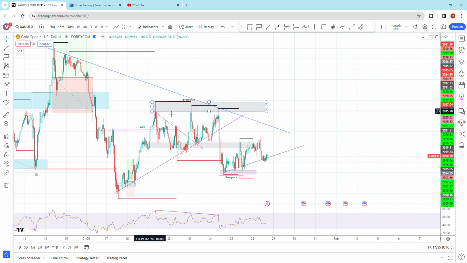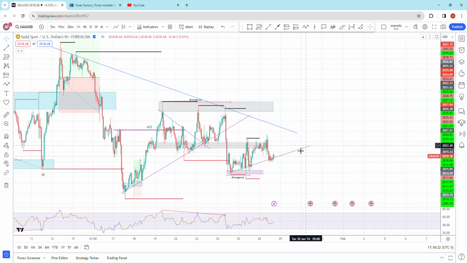We wouldn't be able to take it any higher usually, because this has been respected heavily, so there's a chance that this can be respected as well. So this is the only target you would have taken this to. But then you want the big drop and break of this trend line. Now you're having a retest of these areas here.